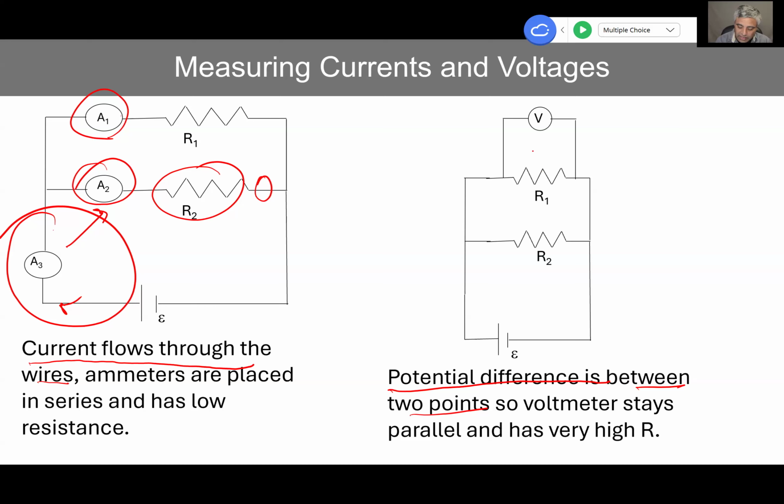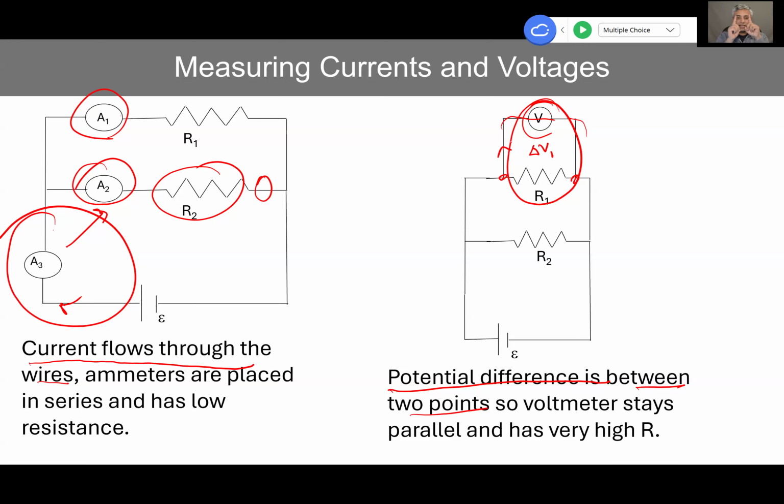So for example, if we want to find delta V1, which is the voltage across R1, then you need to connect the voltmeter like this. Now the voltmeter has to have very high resistance, because if it has low resistance, then current will start flowing through it, which means the effective resistance is going to be smaller.